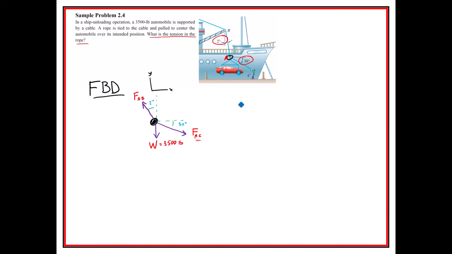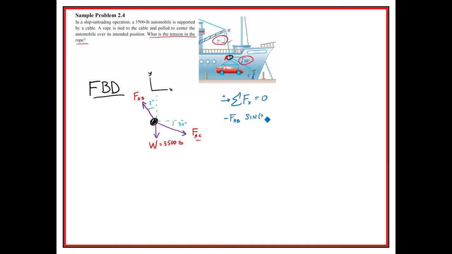So we say the sum of the forces in the x direction equals 0. Declare what positive is as part of this. This is the complete treatment of this, right? You're leaving things out. Don't skip steps. So we take a look at the x direction. Let's start out with the FAB. We notice it's going to be negative FAB, and it's going to be the sine.